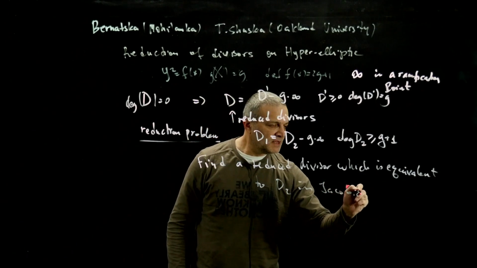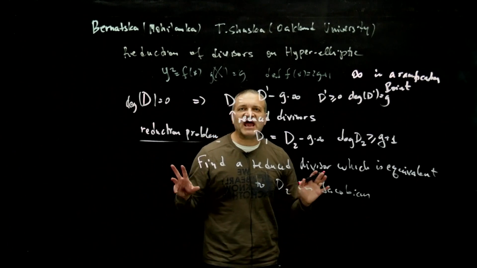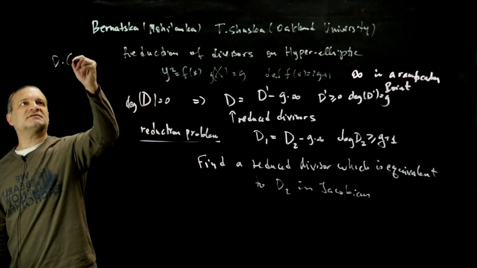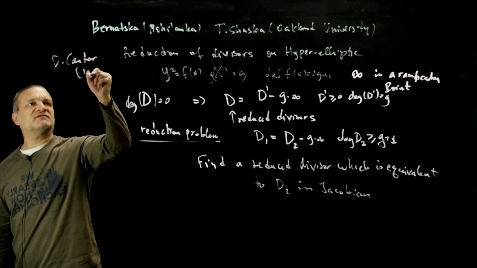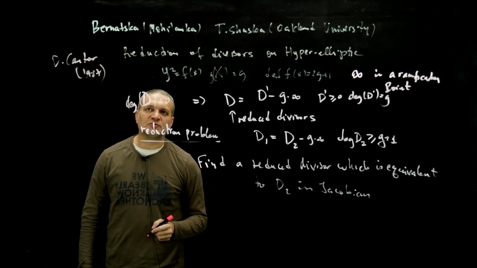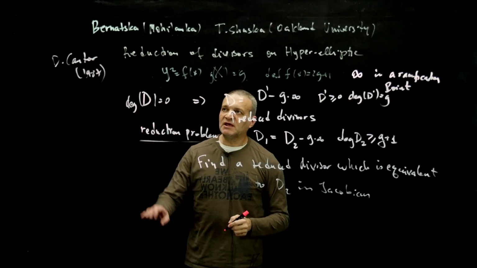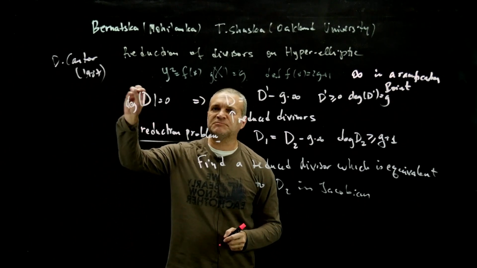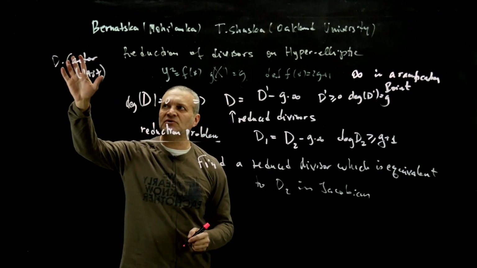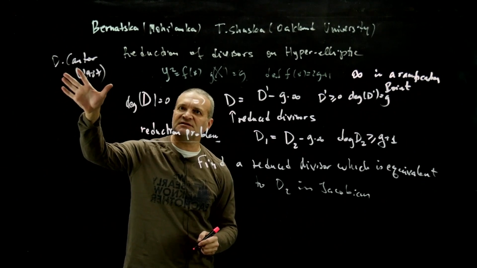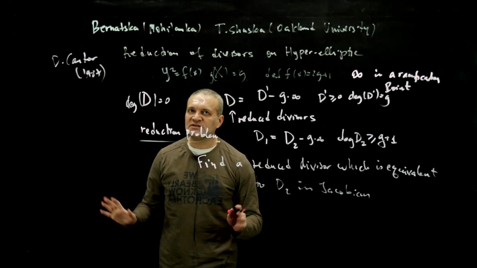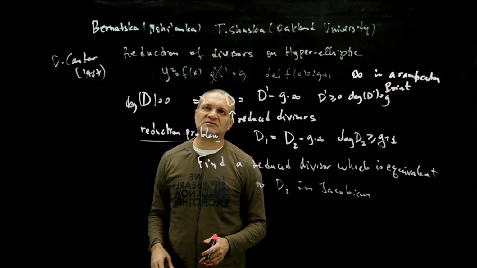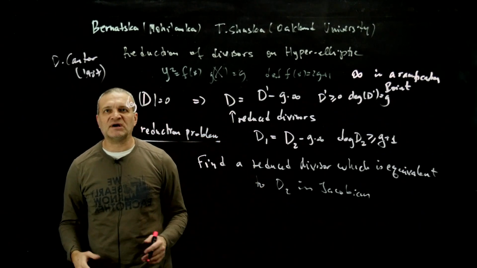Now, there is, of course, a very famous work by David Cantor from '87, where he solves this problem. So there is already an algorithm. I'm not going to explain in this video the details of Cantor's algorithm because it's a very well-established algorithm, and it's used somewhat.